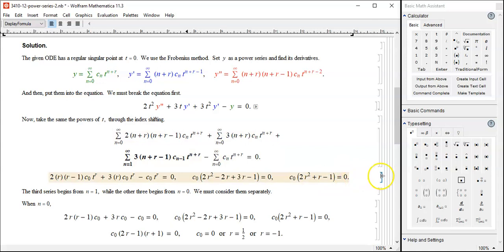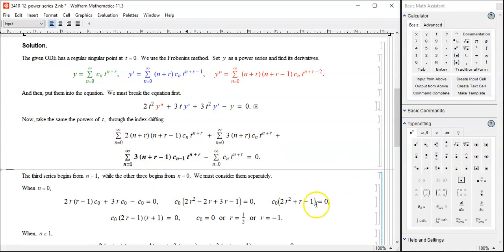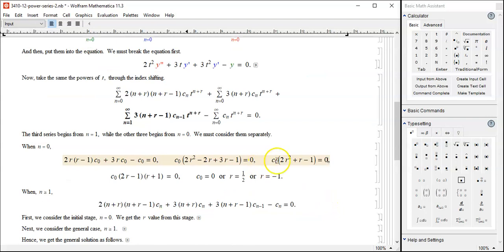It's this one, but it's repeated down here, so let me just go down here. I didn't bother writing t to the r power there. They're all common, so what's the point? And then factor those out, and then c0 factored out, and then what's left is a quadratic expression of r. Factored further, we get either r is 1/2 or r is -1.